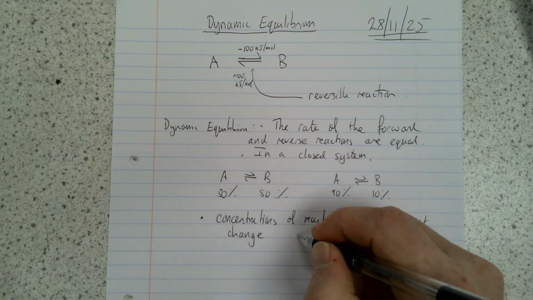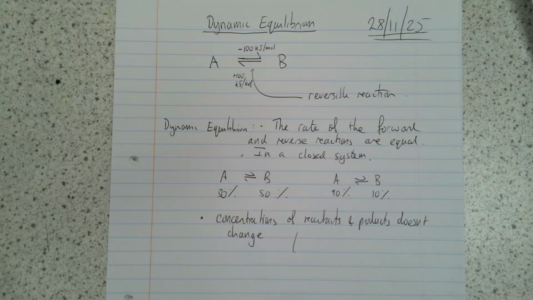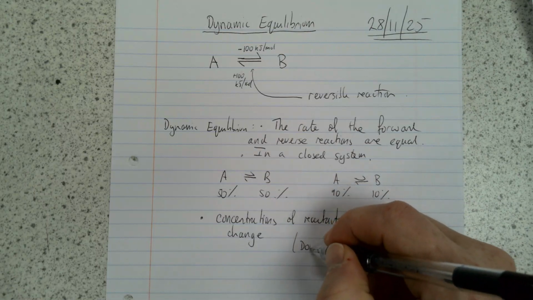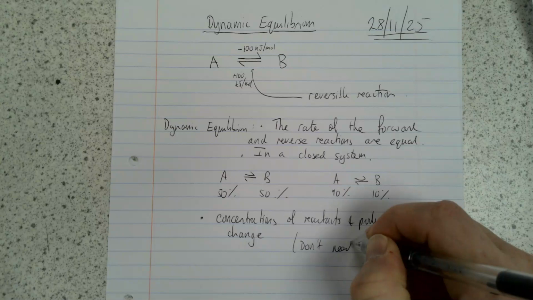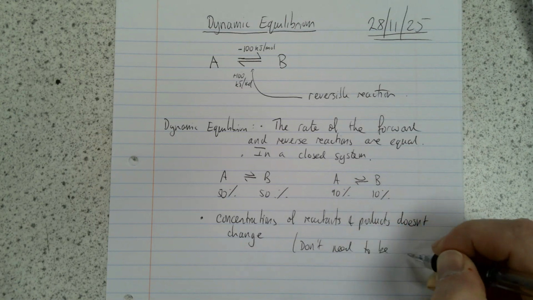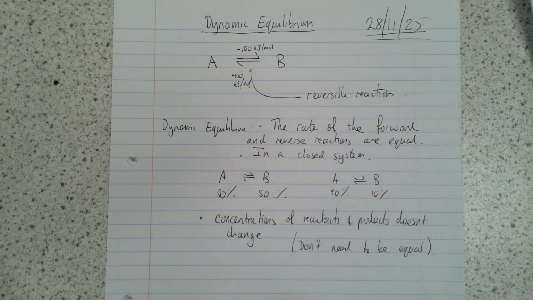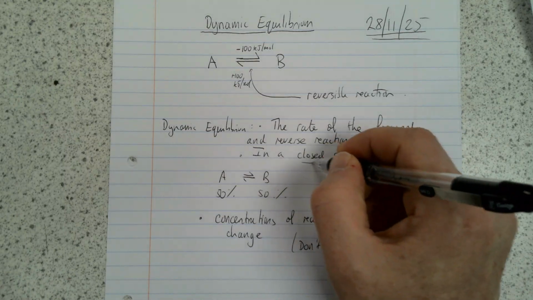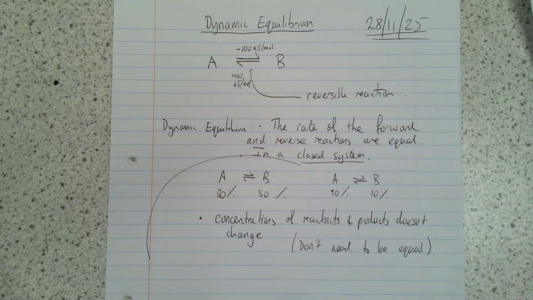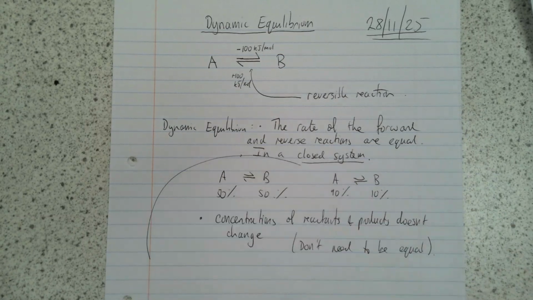But it is also worth saying they don't need to be equal to each other. Okay, let's pause it there for a second. I probably should define closed system just to be really clear for you. A closed system is when reactants or products are not allowed to escape.